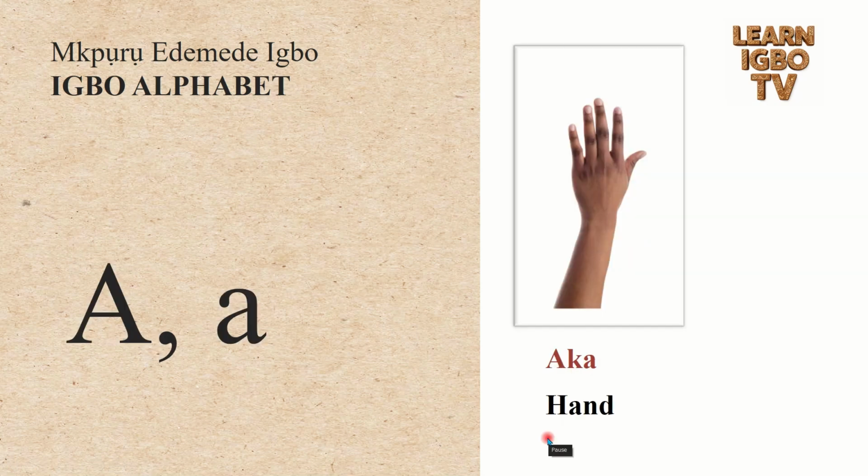Now we are going to start afresh and take the alphabets once without mentioning any item or image that represents the alphabet.